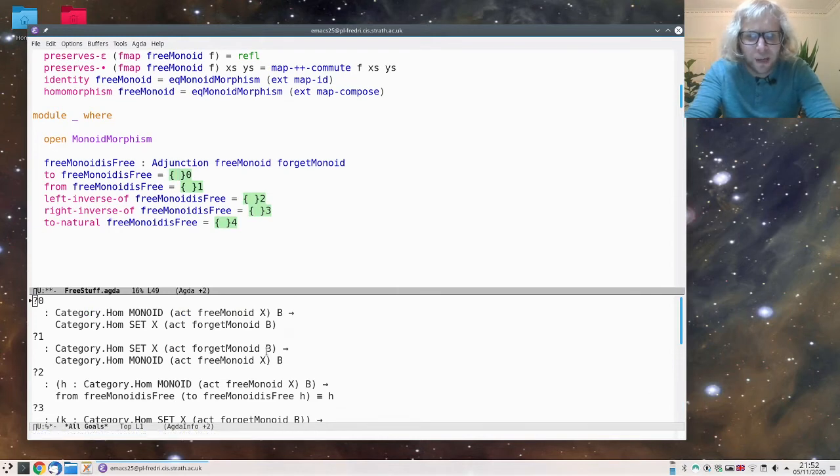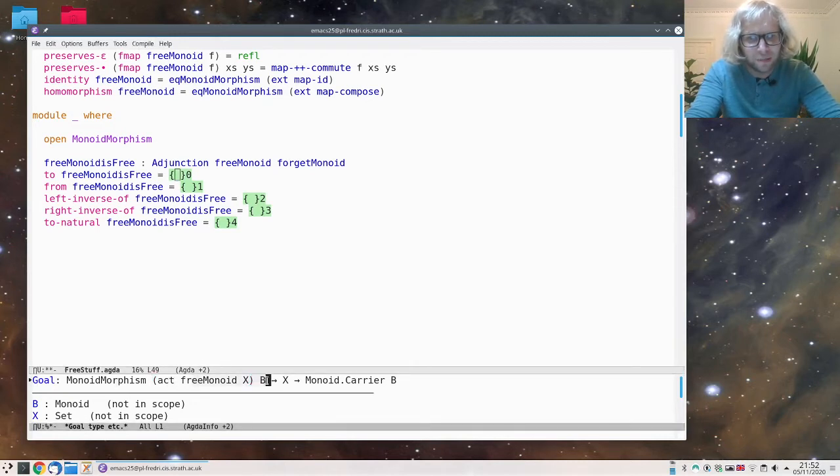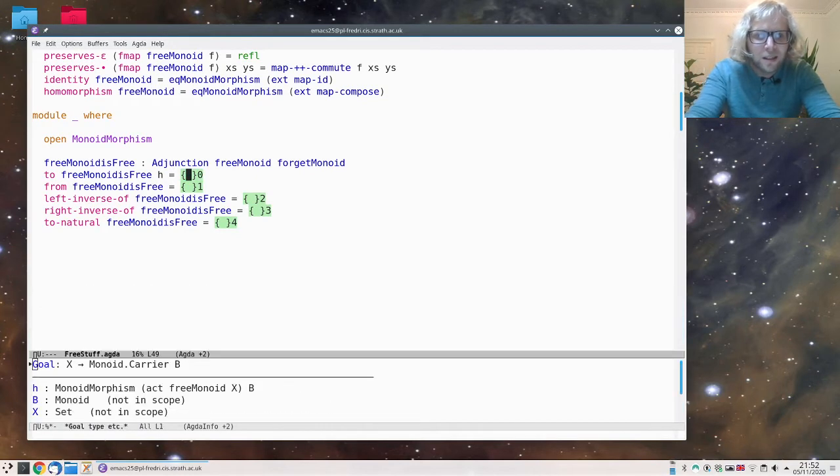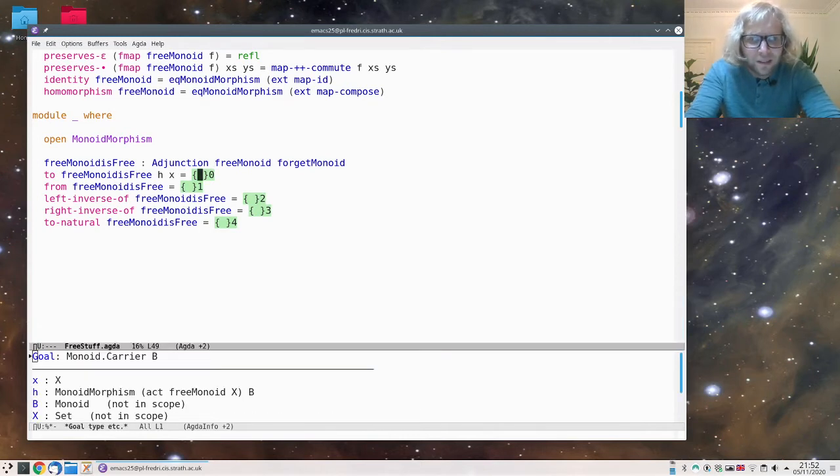Okay, so we need these maps between the Hom sets, right? Here we get given a monoid morphism from lists of x into B, and we have to create a function from x into the carrier of B. So if I have such an H, and I want a function from x, let's take an x as an argument. Okay, and I want something in the carrier of B. And what do I have?